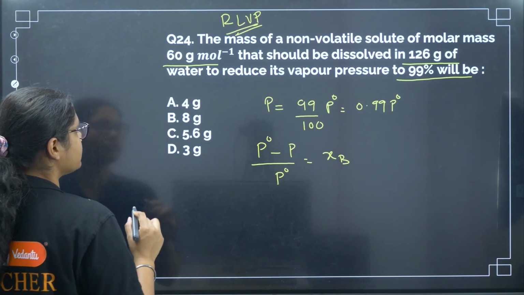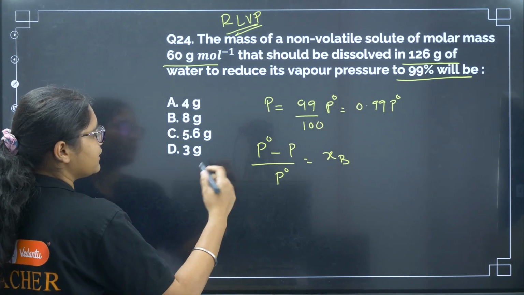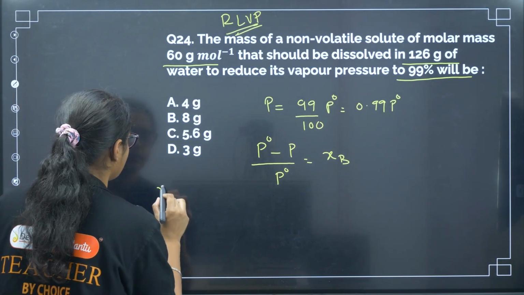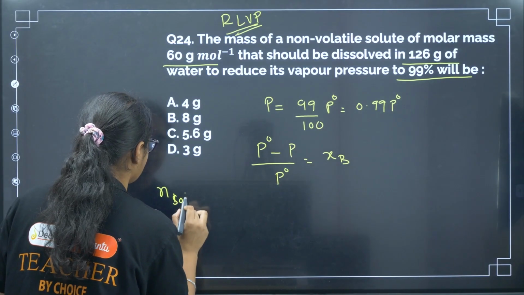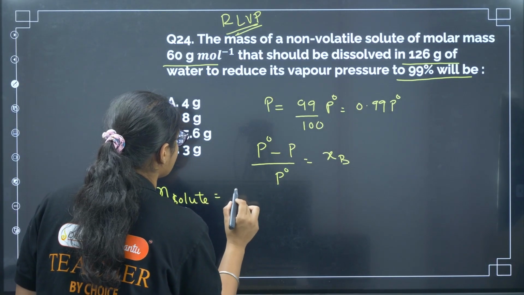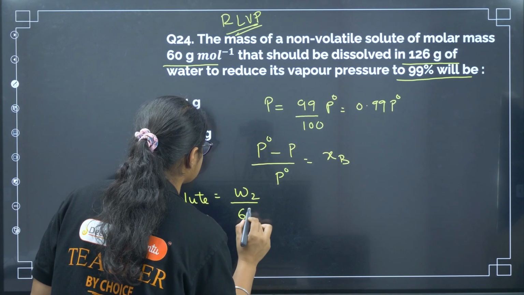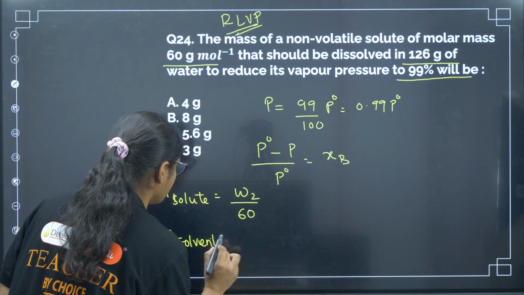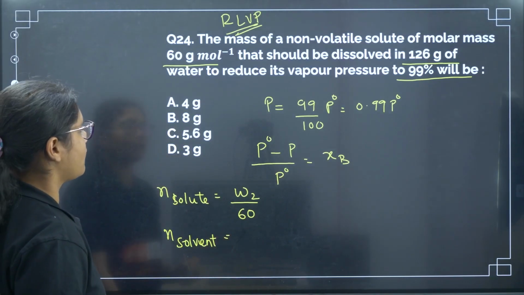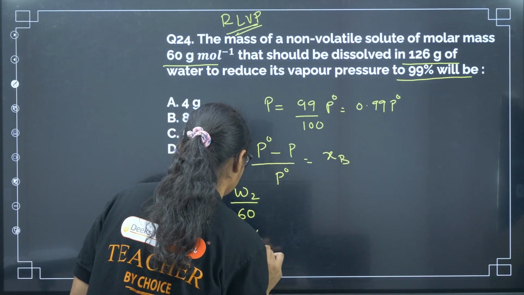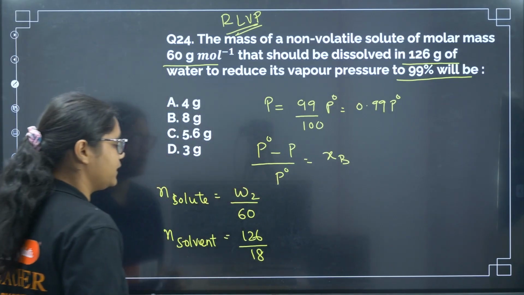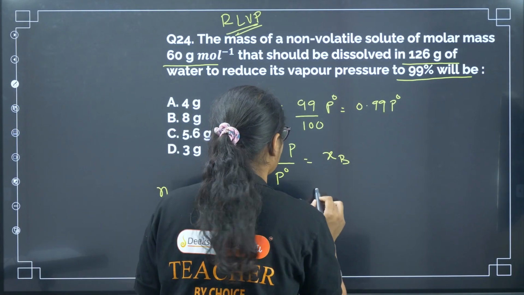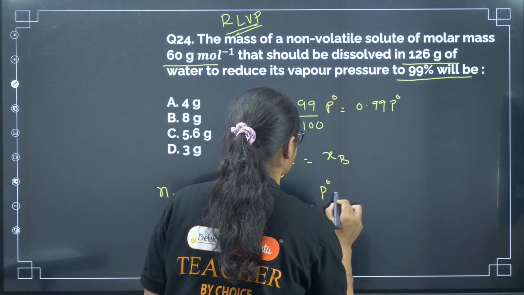The non-volatile solute is 60. We have to calculate what is the number of moles. So N of the solute, number of moles of solute, will be given mass by molar mass, that is W2 by 60, and number of moles of solvent. The solvent here is your water, so 126 gram by 18, right? So if I calculate this one, P naught value, let us keep it as P naught.